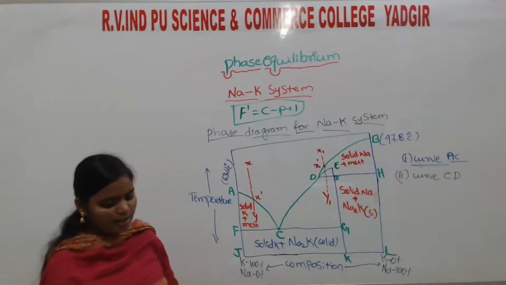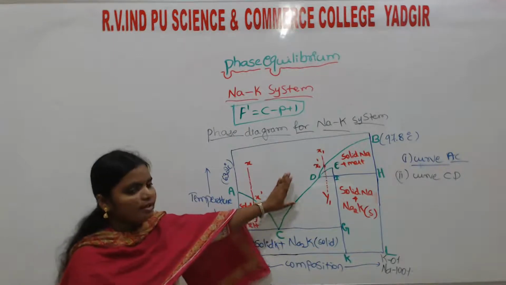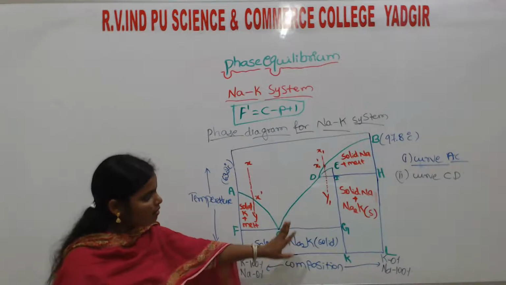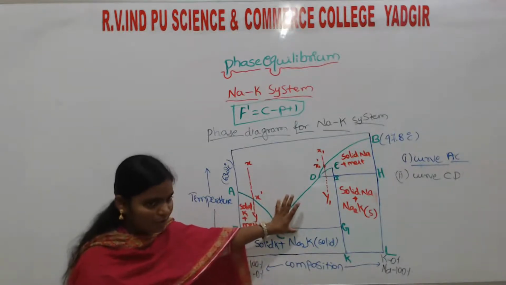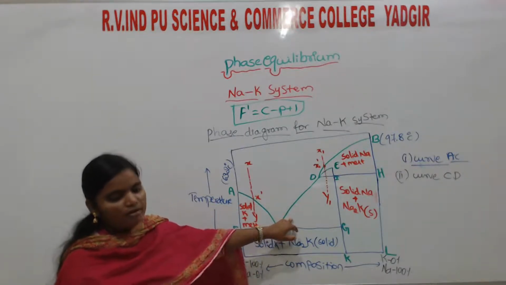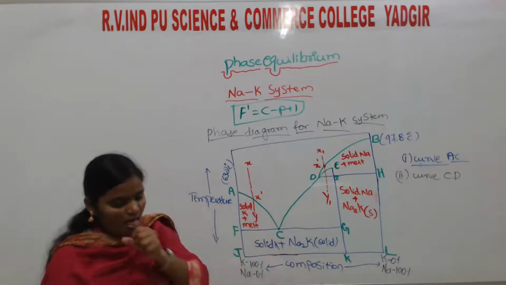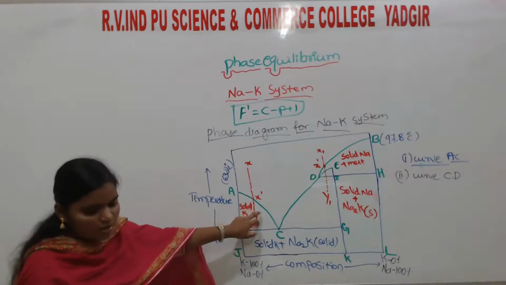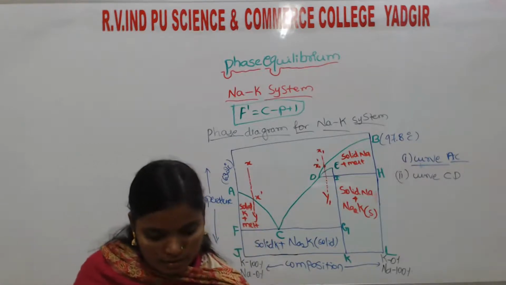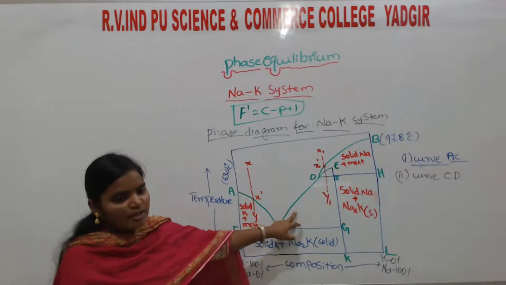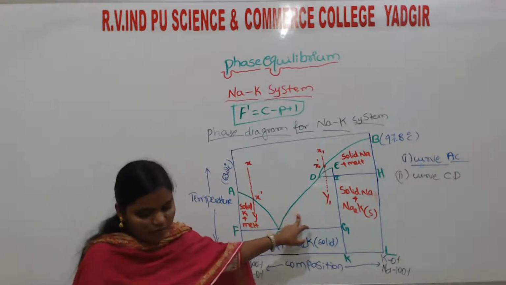Here potassium solid is not present; the potassium disappears. This curve is a fusion curve, and the other curve is a freezing point curve.